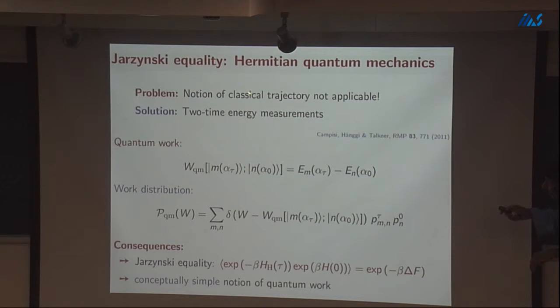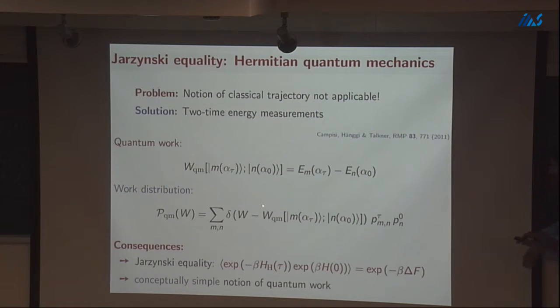So you can now define or extend this to quantum work. So this is the initial eigenvalue of the system at a given initial state, then you evolve the system after time t and you measure this again. So this is the energy difference, and this is the quantum mechanical work of the eigenstate corresponding to these.